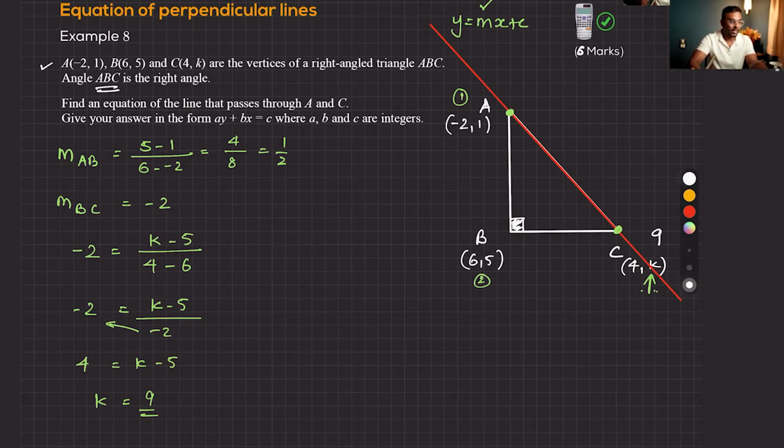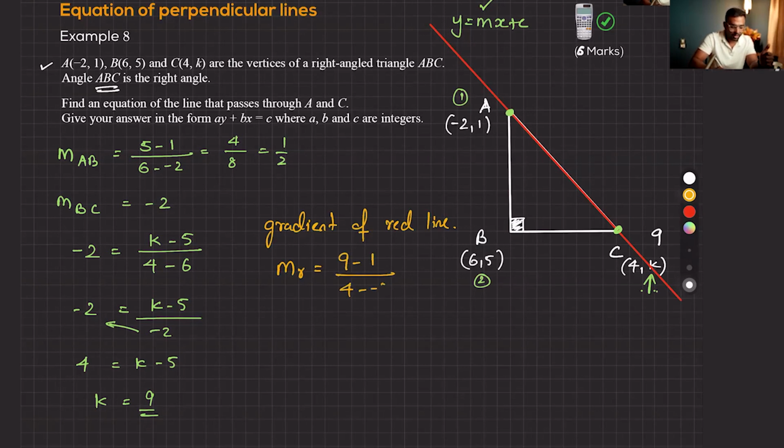So K is 9, okay? Because we need to find the gradient of the red line. I'm going to find the gradient of, what is a red line called? I'll call it red line for now. Okay, the gradient of red line is MR equals what, guys? That would be 9 minus 1 over 4 minus 2 now.